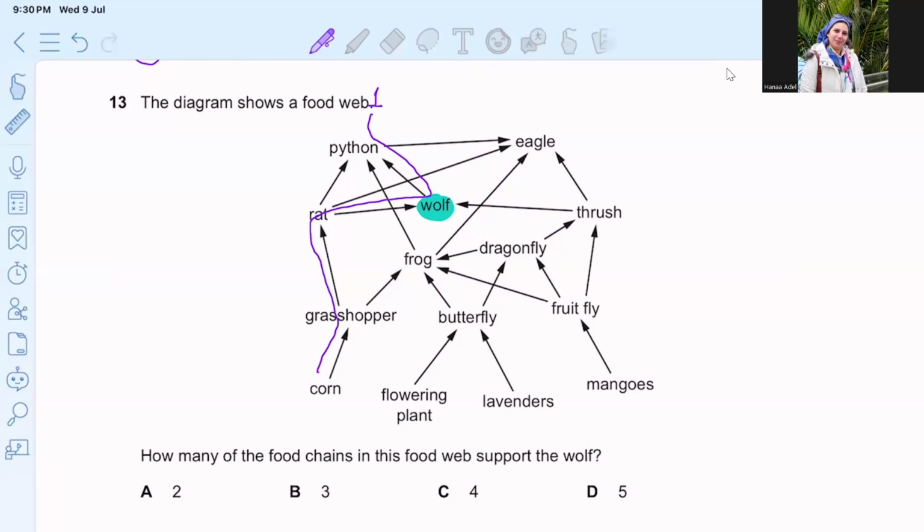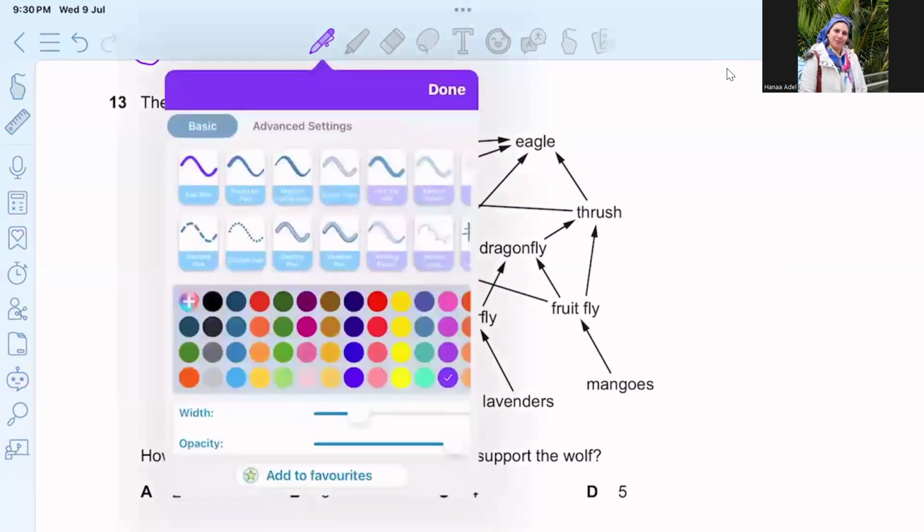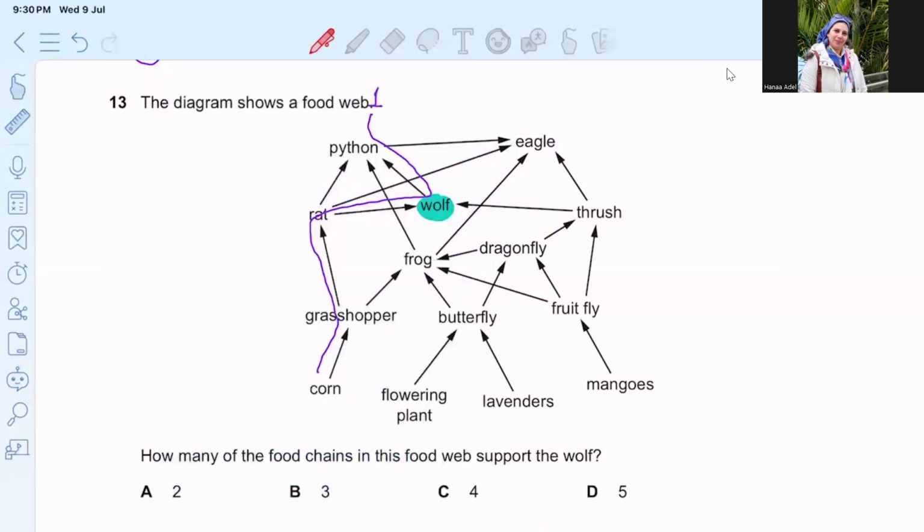We'd like to change the color so we can easily find it. So we have flowering plant, butterfly, dragonfly, thrush, wolf, python. This is route number 2. We have another one, change the color. Lavenders, butterfly, dragonfly, thrush, wolf, python.